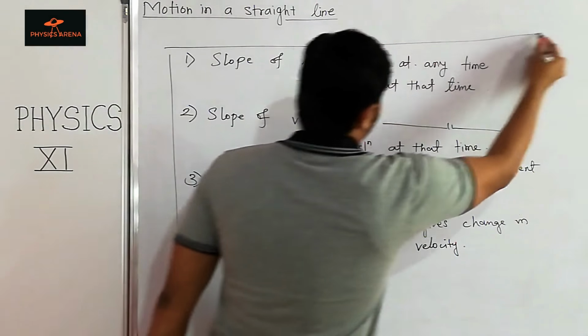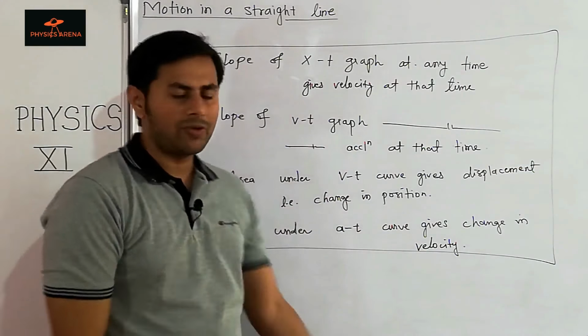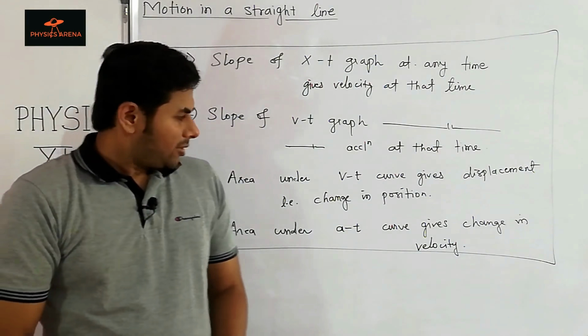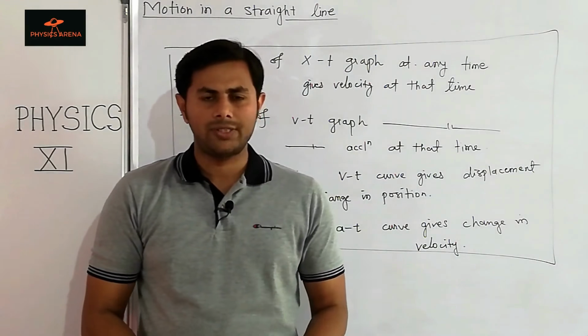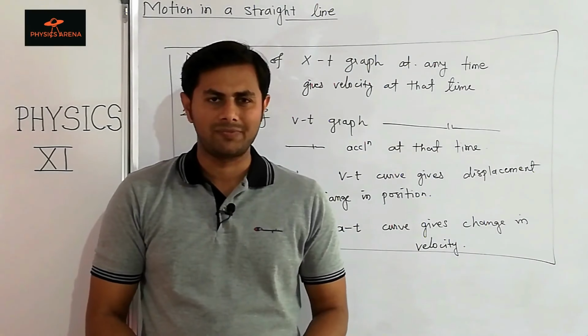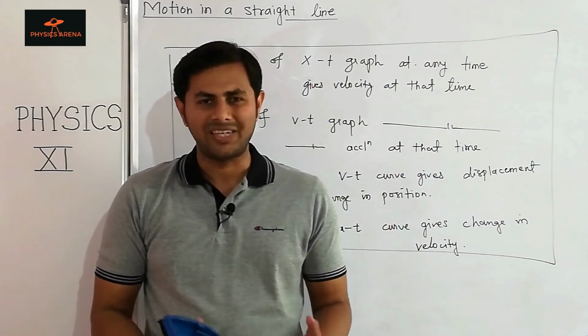So this is the essence of whatever we did in these two lectures. In the next lecture, we will see some simple problems based on motion in a straight line. Till then, you can also try some problems. Thanks for watching the lecture.